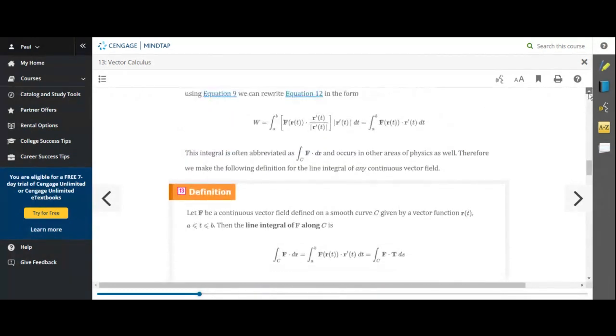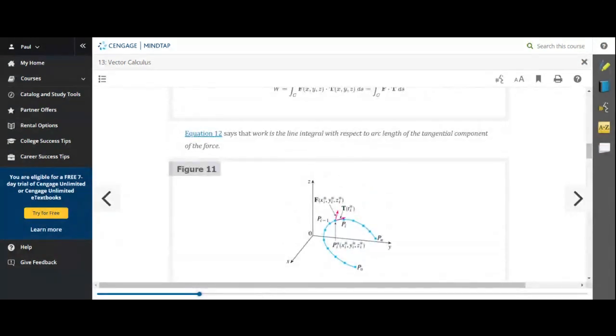We're recording. So you see here in figure 11, you have a particle that starts at a point p sub 0 and moves in space to a point p sub n. There's a vector field acting on the particle.